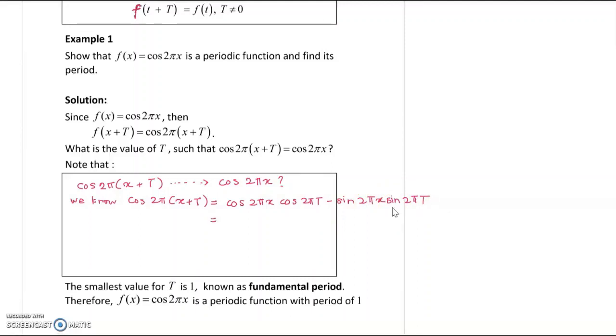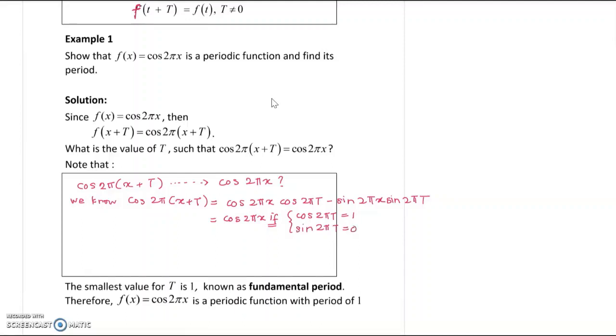So it will be equal to cos 2 pi x if cos 2 pi t is 1 and sine 2 pi t is 0.